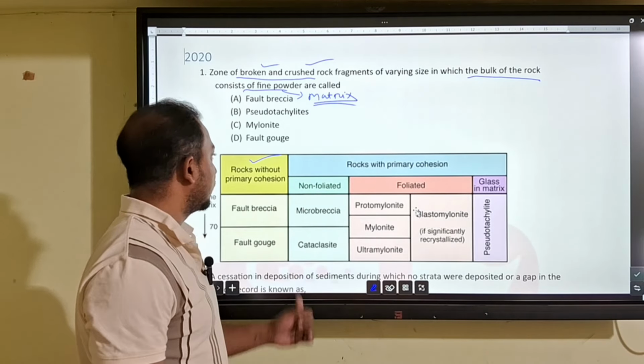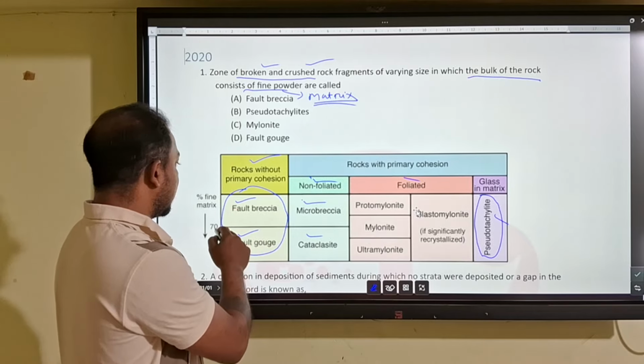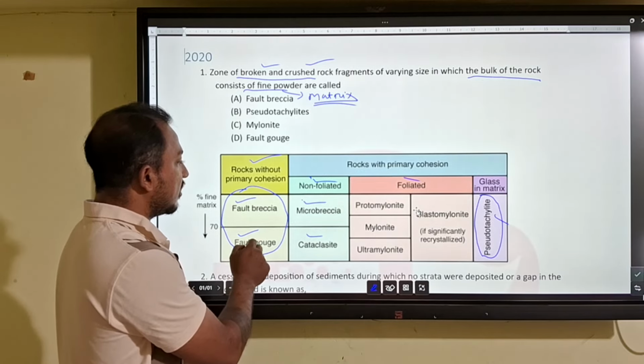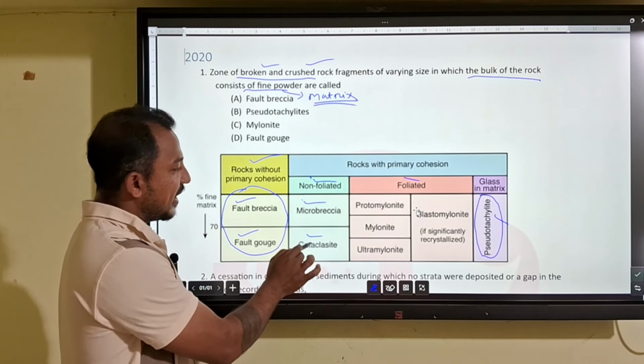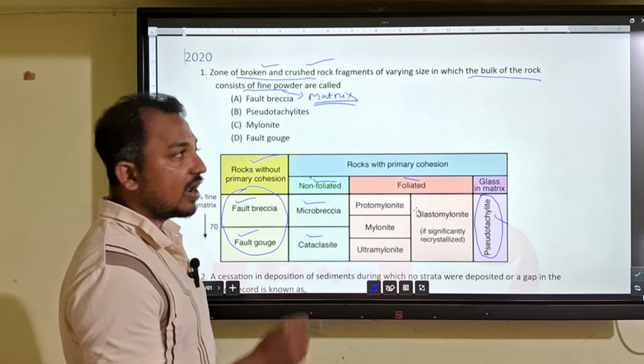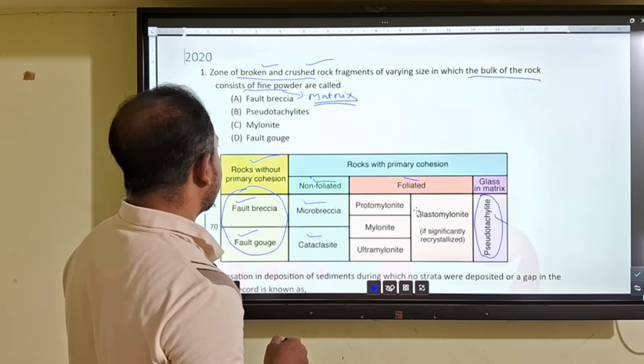Next comes the question: zone of broken crushed rock. These are broken rocks, those are brittle, where they are classified on the basis of their matrix content. Fault breccia has lesser matrix, less than 70%, and more than 70% is fault gouge. Similarly, cataclasite has more matrix percent than microbreccia. So in the question, we have to choose a brittle rock which has more matrix percentage.